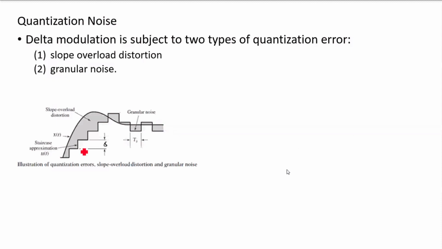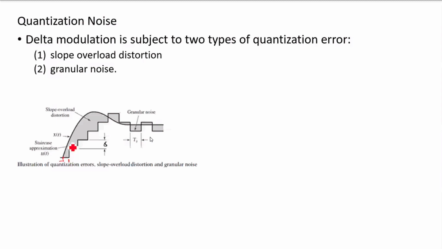Now if we take the delta modulator scheme for this, let us say the signal is sampled at a rate much greater than the Nyquist rate, and this is the sampling interval Ts. This is the first sample, and this is the next sample.